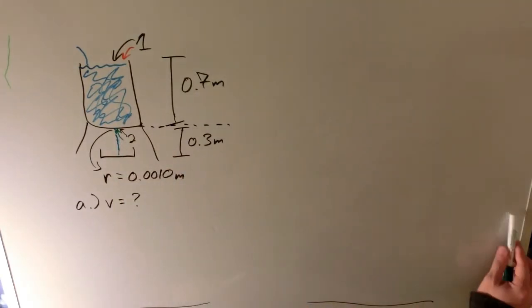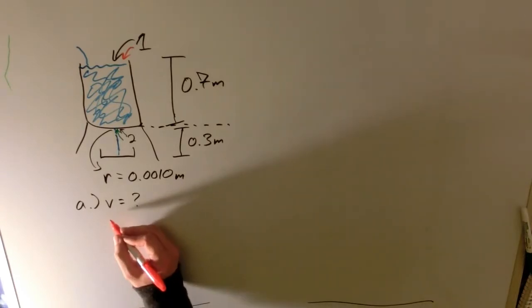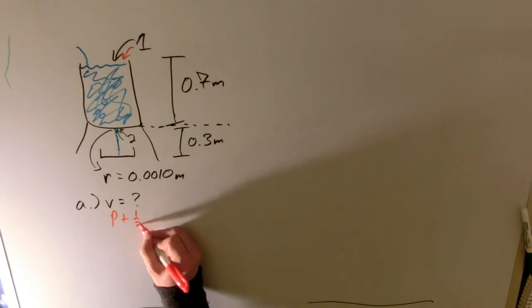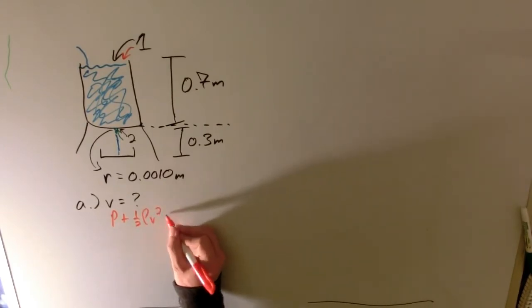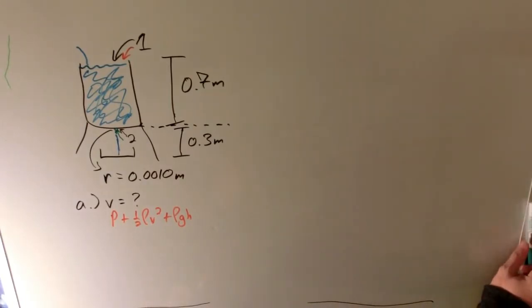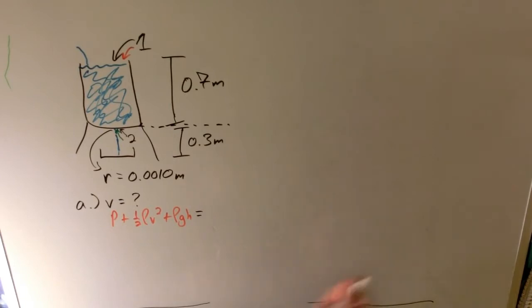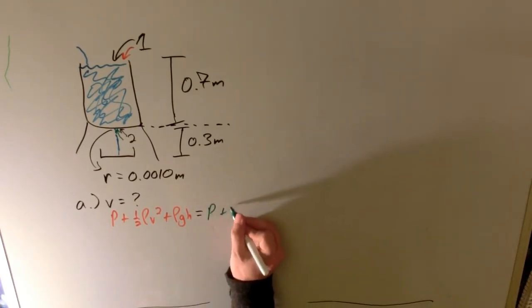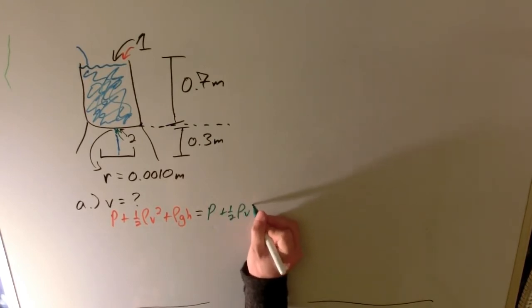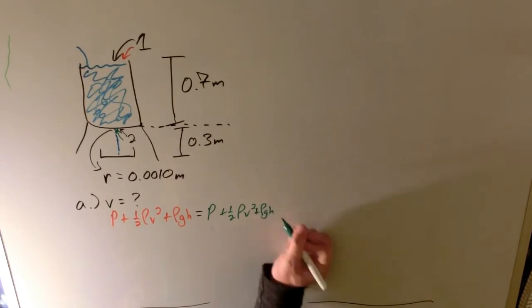In both cases, using Bernoulli, we'll have pressure plus 1/2 rho v squared plus rho gh is going to be equal to the same values at another location: pressure plus 1/2 rho v squared, where v is velocity, plus rho gh.